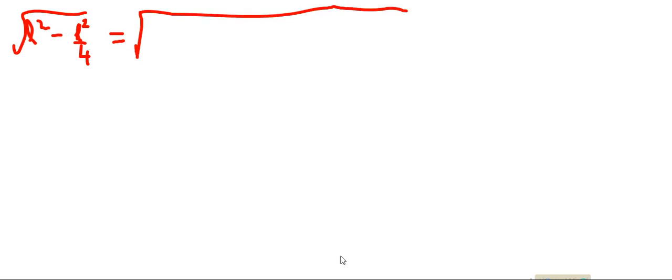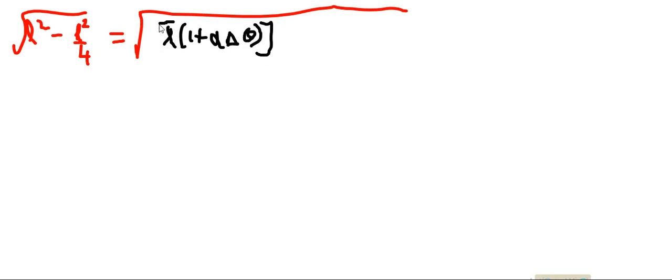The value we got is the root of L square minus L square by 4. After the expansion, the same thing we have to substitute here. After the expansion this L is going to become L into 1 plus alpha delta theta.